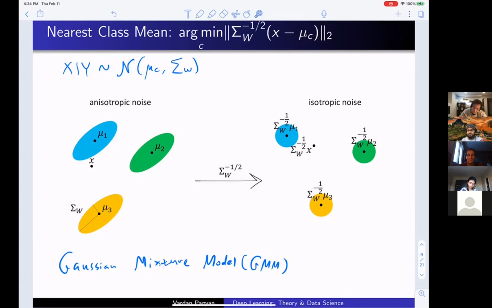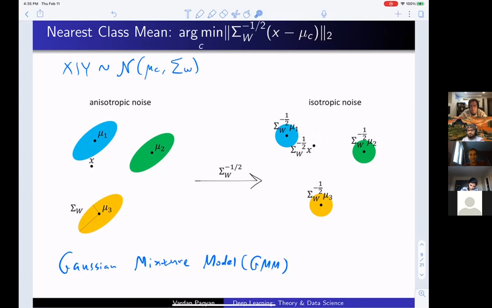Now, after you transform your mu's to sigma to the minus half times mu and your data point x to sigma to the minus half times x, if I give you a certain point, how do you decide what is its corresponding class?